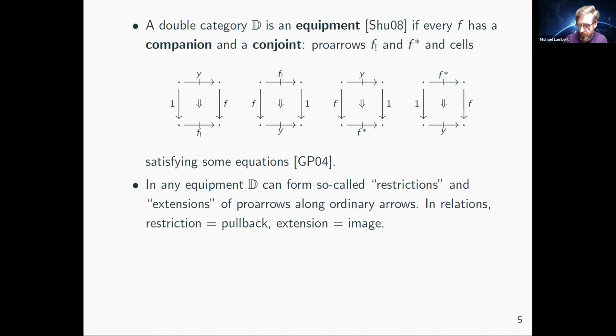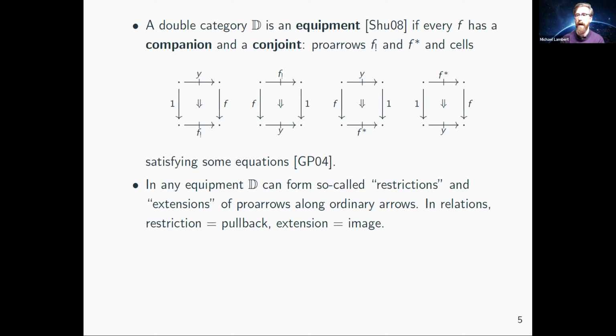It turns out that to be an equipment is basically the same thing as saying that the source-target projection is a bifibration. And the Cartesian and op-Cartesian arrows actually come about in a really special way.